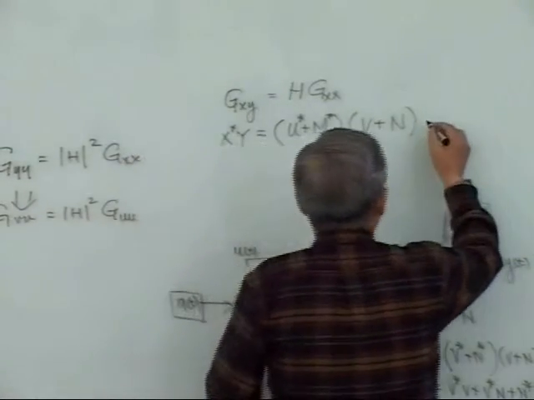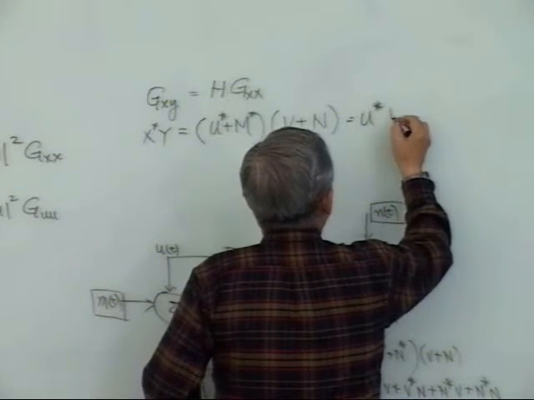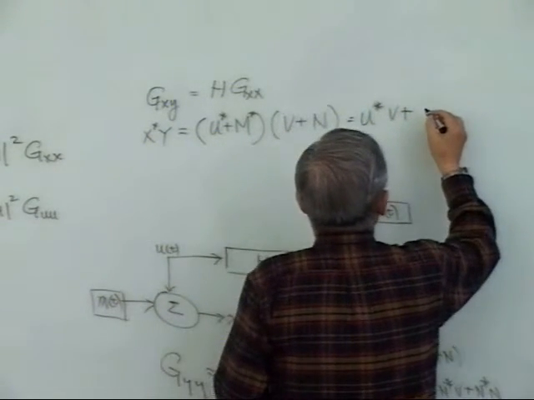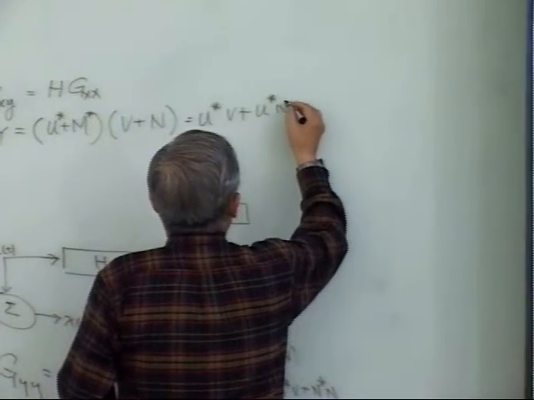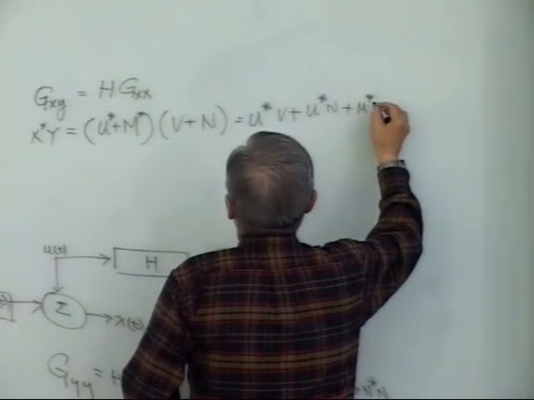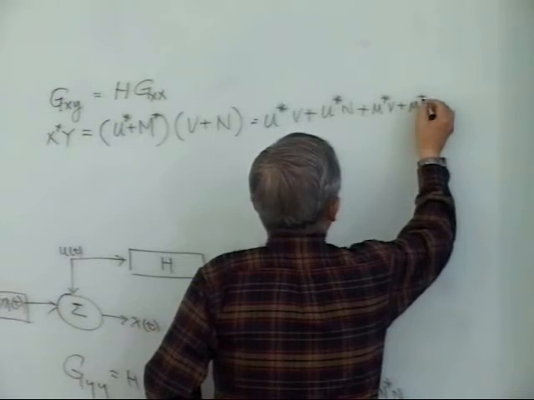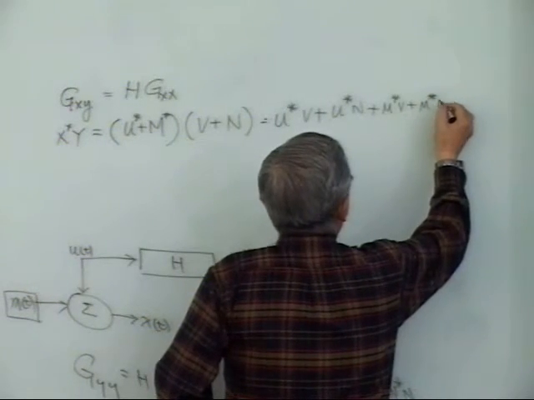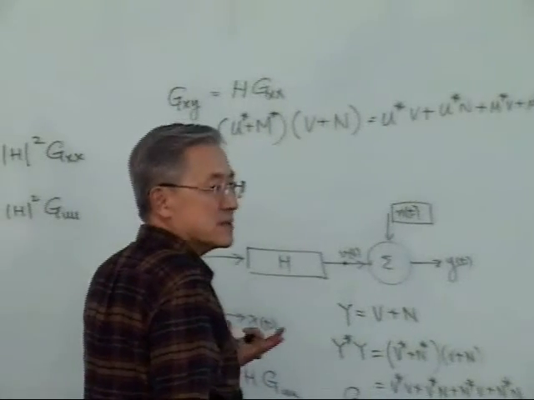If anything is wrong, let me know. This is U star V plus U star N plus M star V plus M star N. Is it okay?